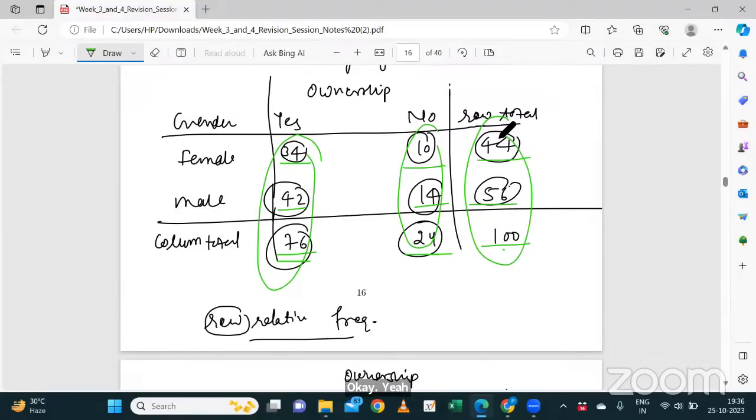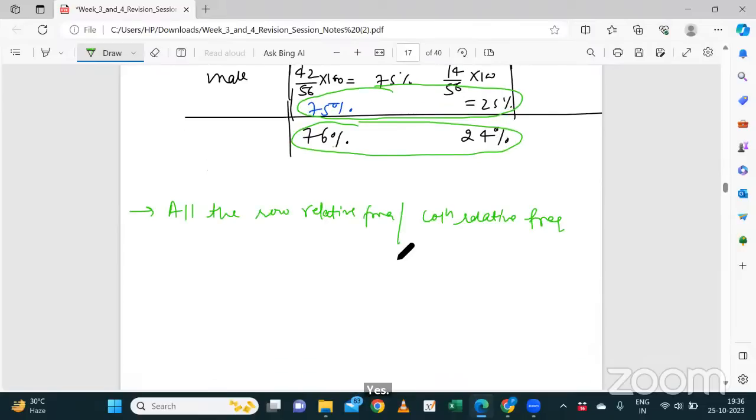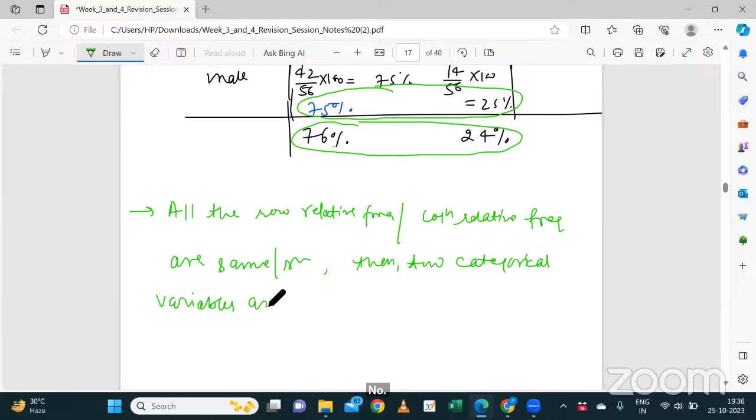So if all the row relative frequencies or column relative frequencies are approximately the same or similar, then there is no association; the two categorical variables are not associated.